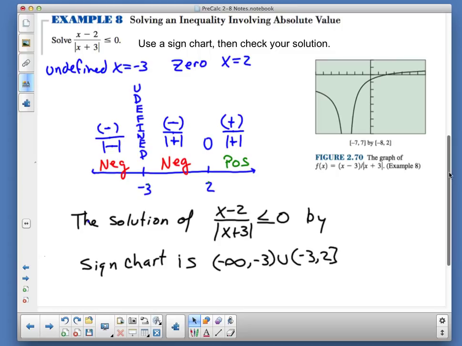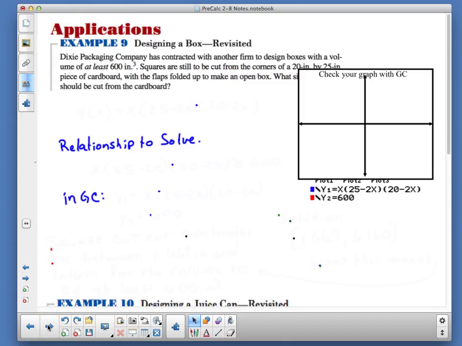Now, the next two problems we've done before. We are just using the ideas of our sign charts today to help us with working with them, the real life ideas that we have today going on. Designing a box. Well, remember this designing a box. We had this box.